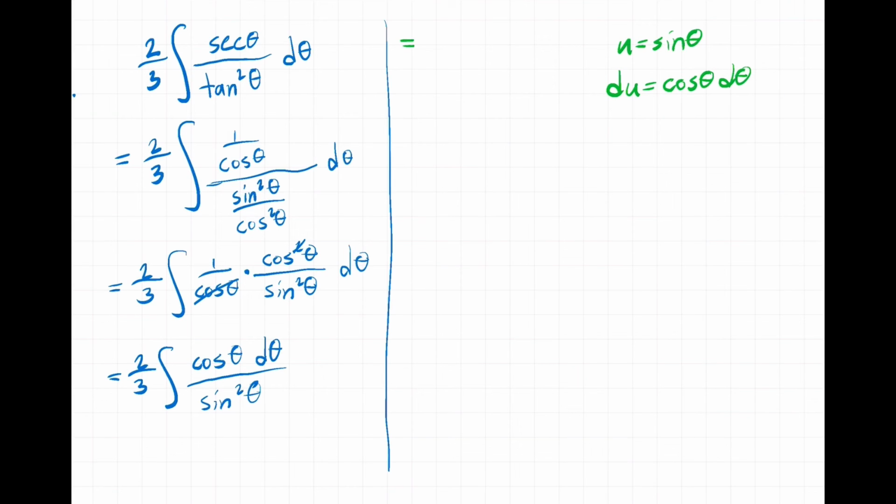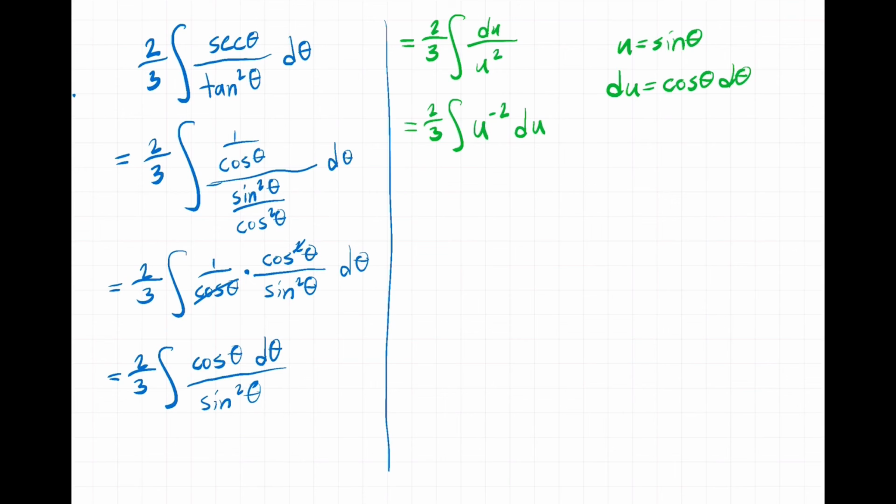So our integral is equal to 2/3 integral of du over u squared. Now, if you've got a power function like we do here, we want to have that power function up on the top with a negative exponent if necessary. So this is equal to 2/3 integral of u to the negative 2 du.